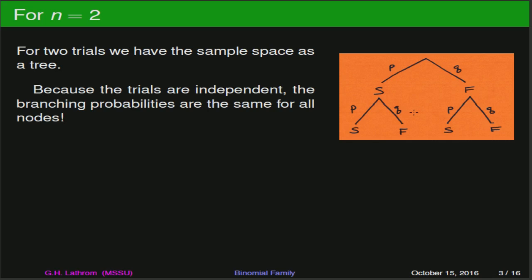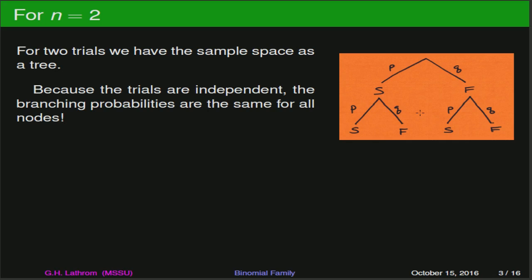And so branching from any particular value, we can just label with the value of p for a success and q for a failure.